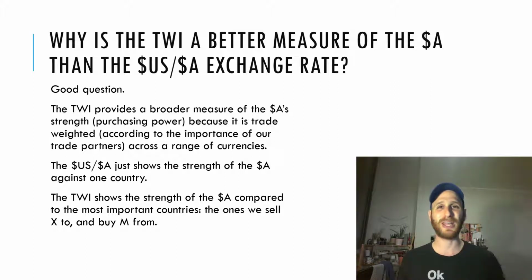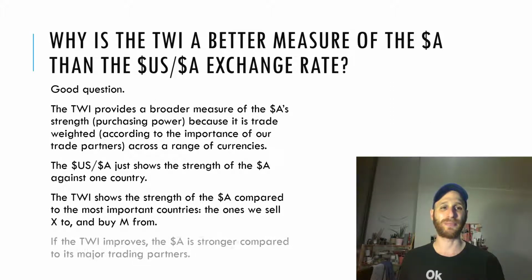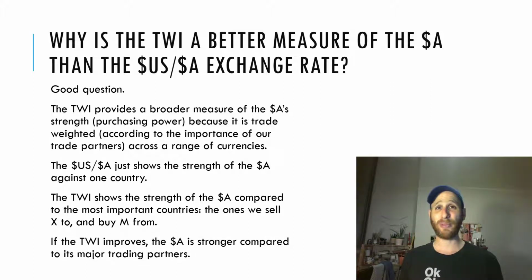So it's a much better indicator of the strength of the Australian dollar. Again, if the TWI improves, then it shows the Australian dollar is stronger compared to our major trading partners. If the TWI declines, okay, the Australian dollar is weaker compared to our major trading partners. And that's an introductory look at the TWI.